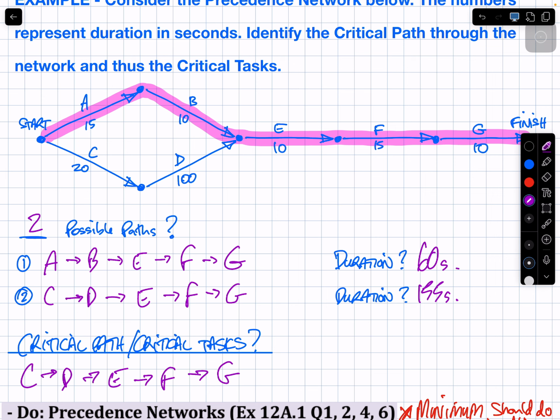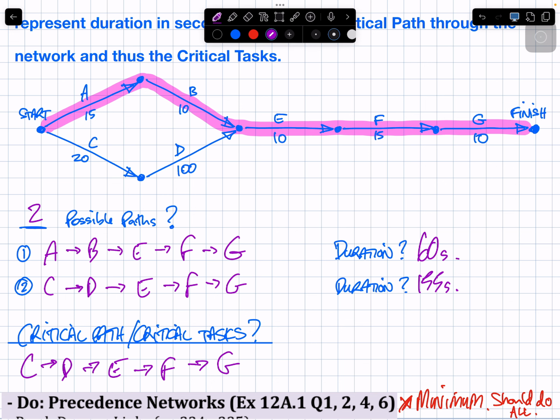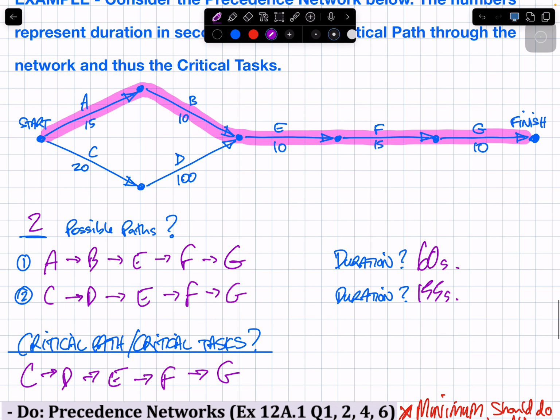Hopefully this illustrates what we mean. Sometimes people get hung up on what the critical path is. They often get confused: why is the longer path the critical one? Because is this cup of tea going to be fully made if I waited 60 seconds? No, because I have to sit there and wait for this to happen.